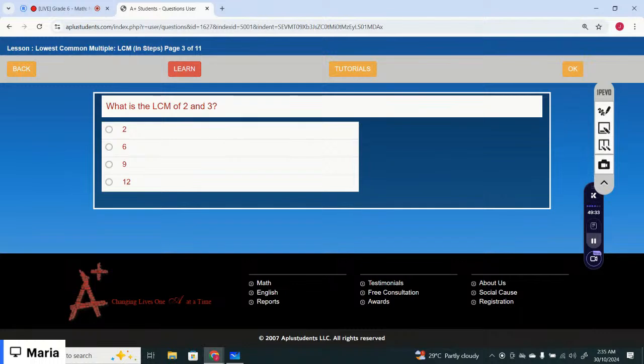What is the LCM of 2 and 3, which is the correct option?